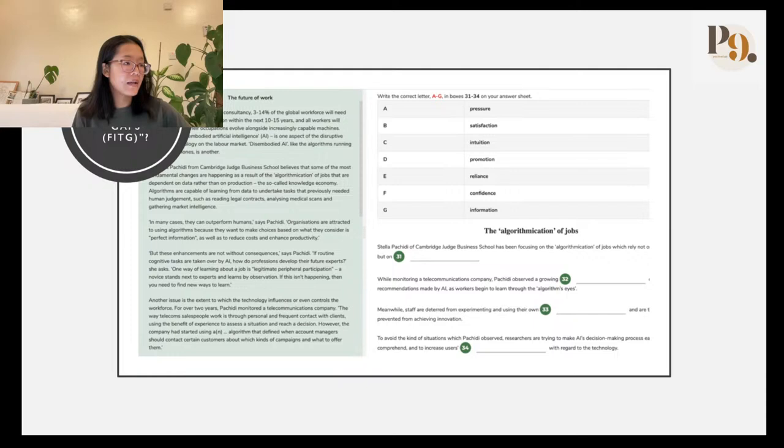So someone said that we need to look at keywords in filling the gaps, and this is such a tricky part of the IELTS reading exam, because if you have taken any of the live classes with me, you know that keywords are the traps in IELTS reading, because sometimes they do their job very well, but sometimes their job is to trick you into getting wrong answers, and I will explain why. So we move on to the next slide.